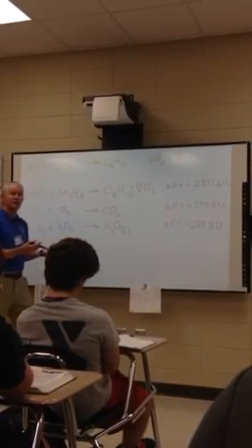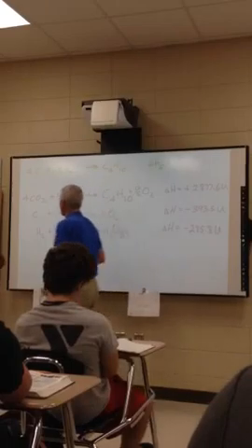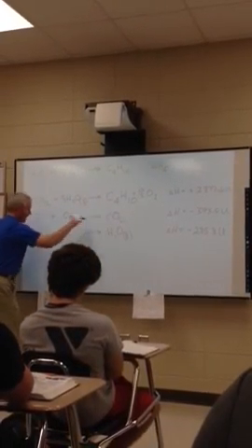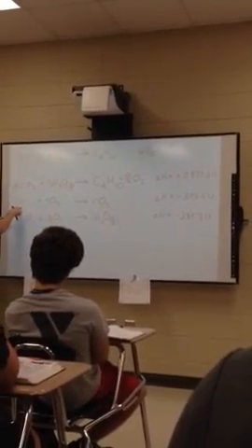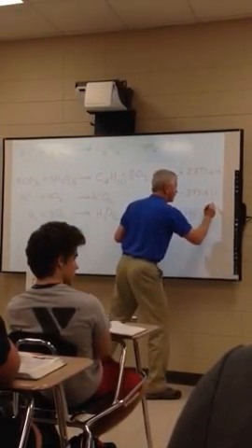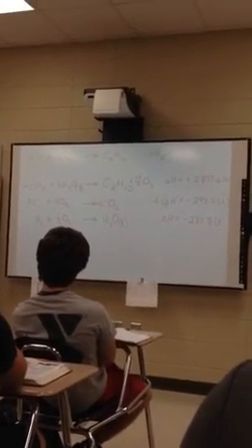I'm ready to add these together. Now, I need 4 carbon dioxides. So I'm going to multiply through this equation by 4. 4 moles of carbon, 4 moles of oxygen, 4 moles of carbon dioxide, and that means it'll be 4 times the energy. Is there a question about that?